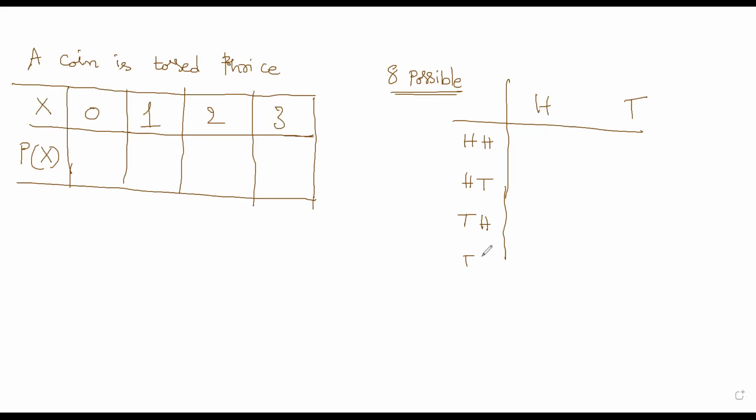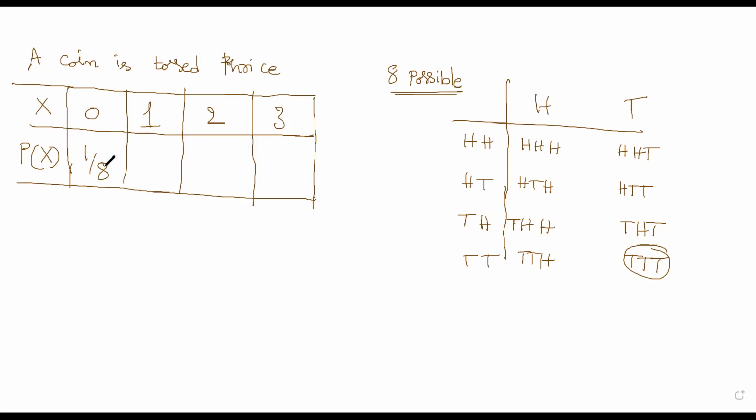Triple H, HHT, then HTH, and HTT, and THH, and THT, and you have TTH, and triple T. Now out of this, how many times do you get 0 heads? Only one time, that is triple T. So that is 1 out of 8.